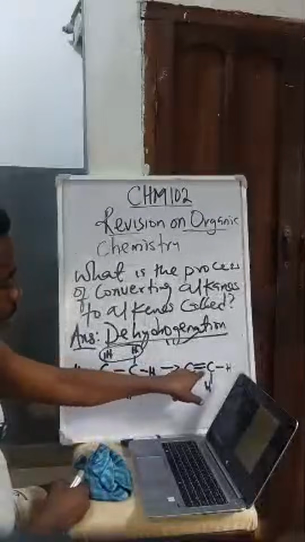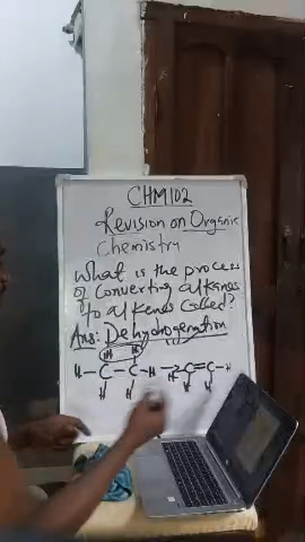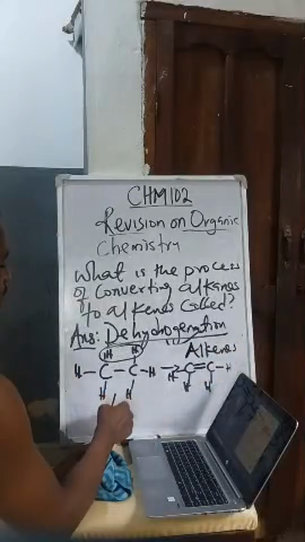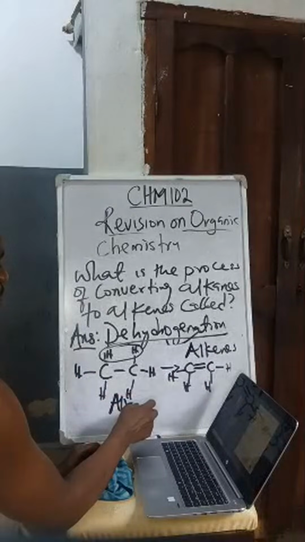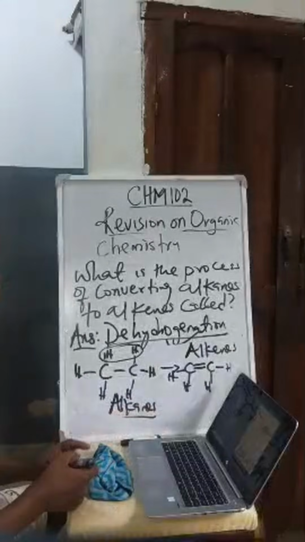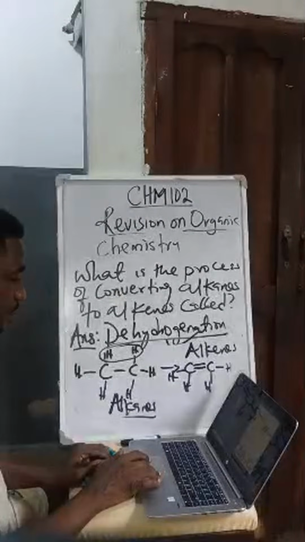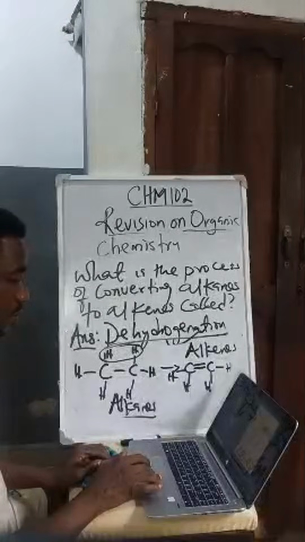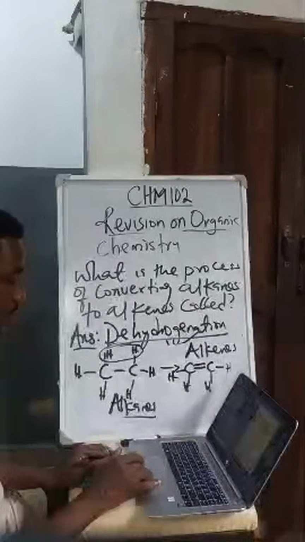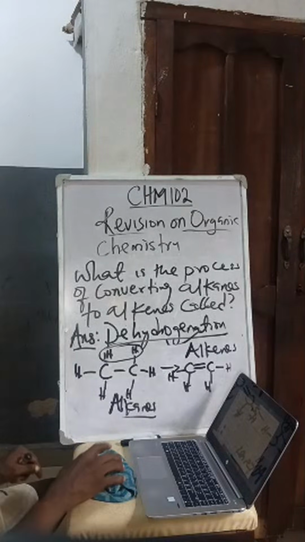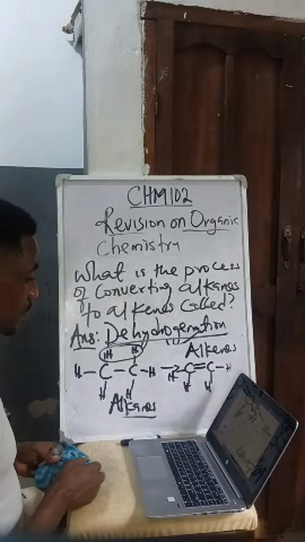So this is why they have a double bond in alkene. This is alkene, and this is alkane. So the answer is dehydrogenation.